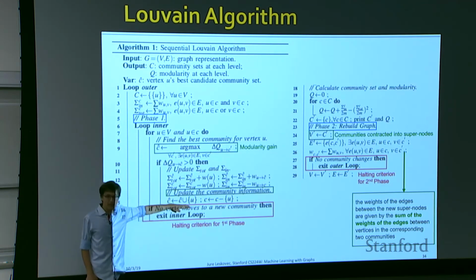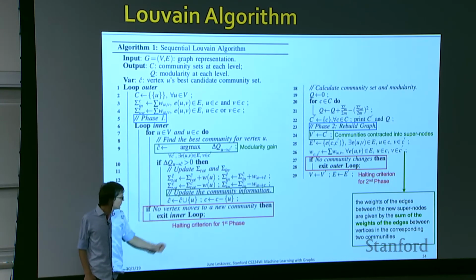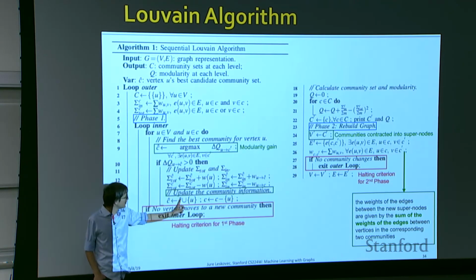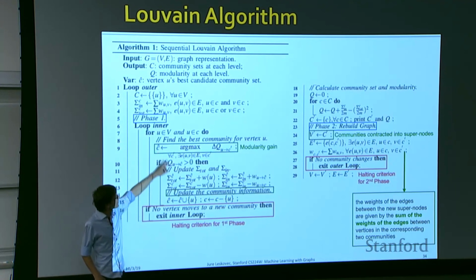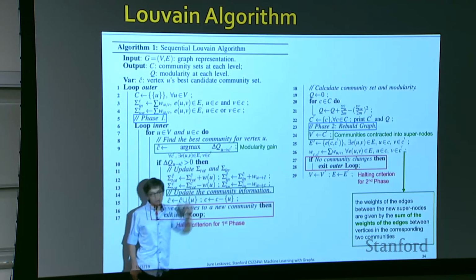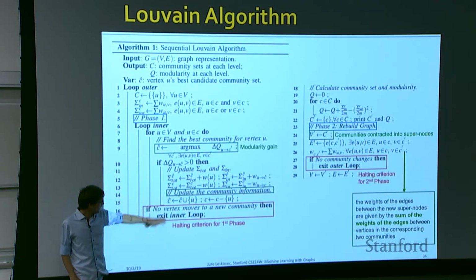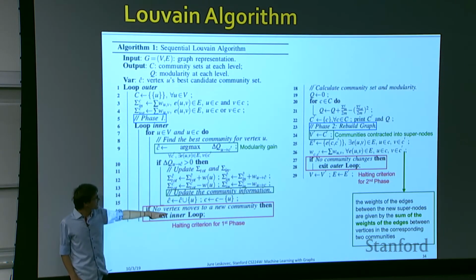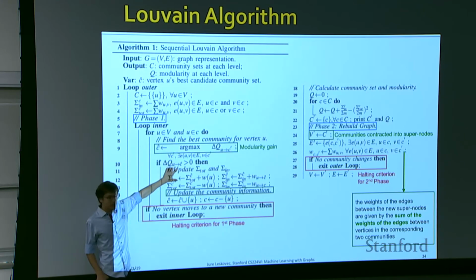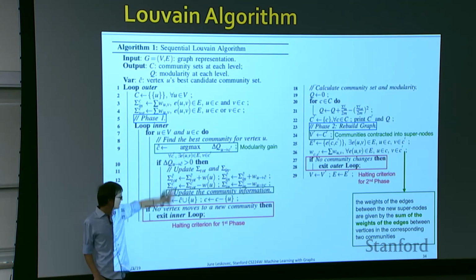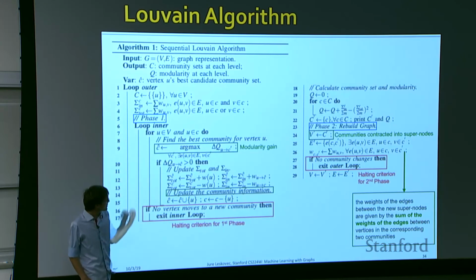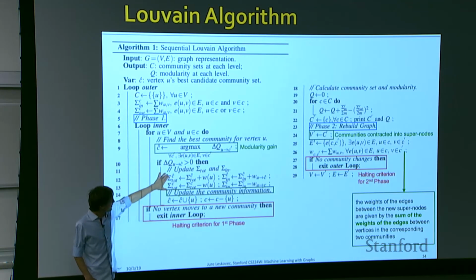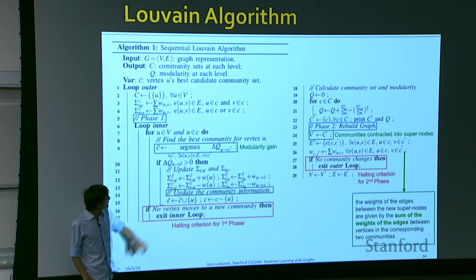And here I update the memberships of nodes to communities, right? I take this node and put it into community C hat, and I take it out of community C, if C hat is the community that increases the modularity the most for node I. And if no vertex makes a move, which means that the benefit is not greater than 0, I'm done, I stop, and this is phase one. Essentially, again, all that is there is bookkeeping plus moving the node.